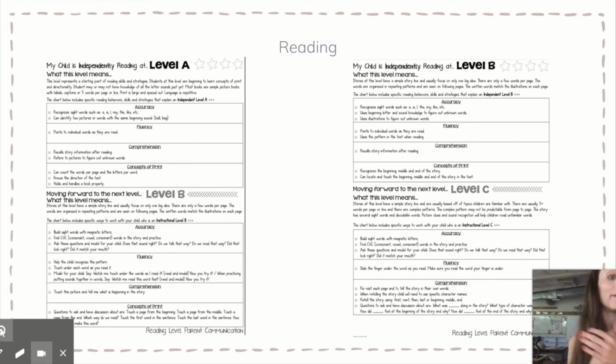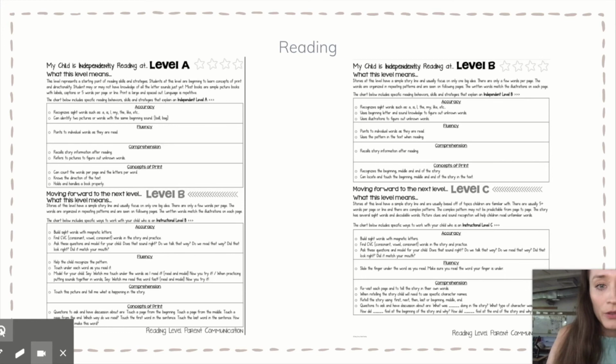So this is level A, very basic, as you can see, and most of our kinders are starting out the school year around here or at a level B, which means they can do all of those things. Plus, they know some more sight words. They're using the beginning sound of a word and the picture to figure out what that word might be. So they might not know all the letter sounds to sound out an entire word, but they know to use the picture and that first letter sound to figure out what the word could be.